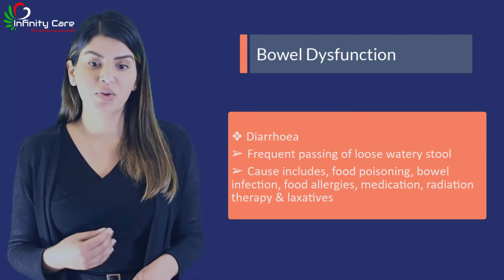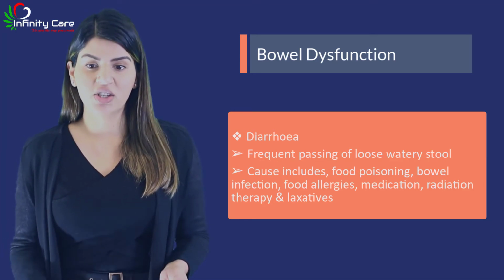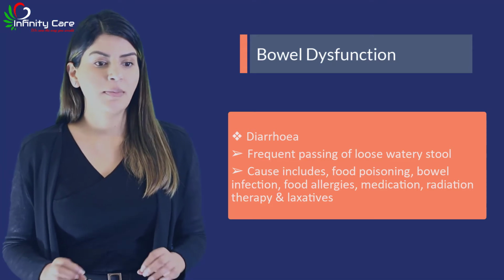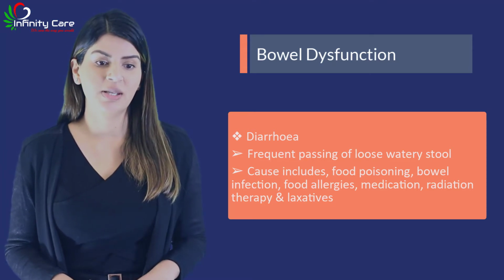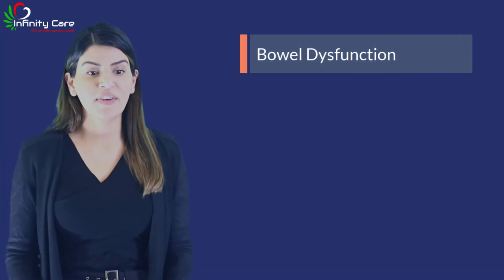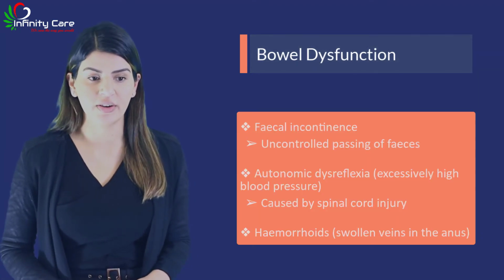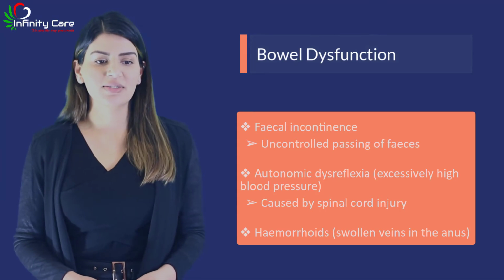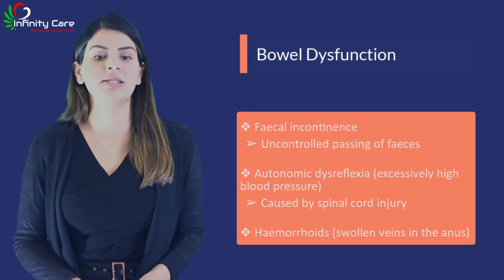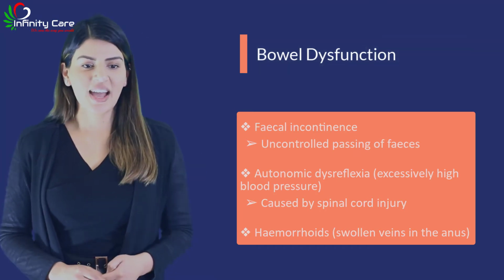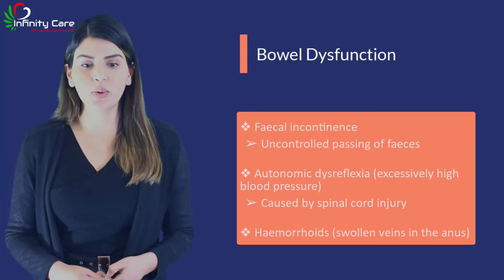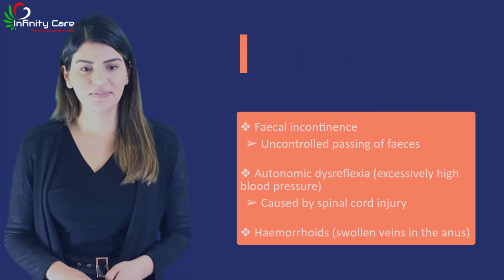Diarrhea can be caused by food poisoning, bowel infection, food allergies, medication, radiation therapies, and laxatives. Fecal incontinence is where uncontrolled passing of feces occurs. Autonomic dysreflexia, which can be caused by spinal cord injury. Hemorrhoids, which is caused by swollen veins in the anus.